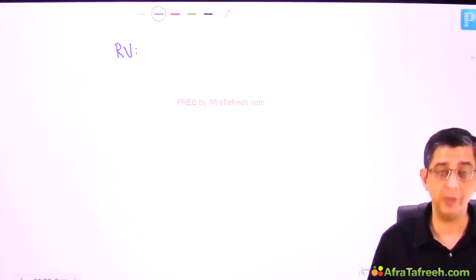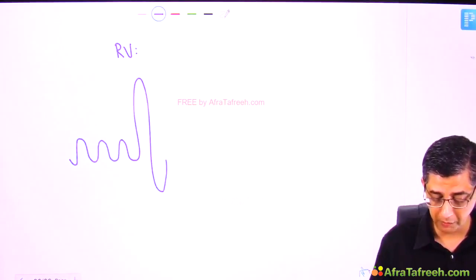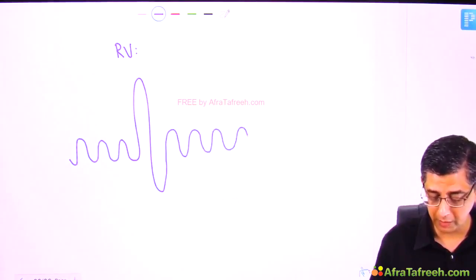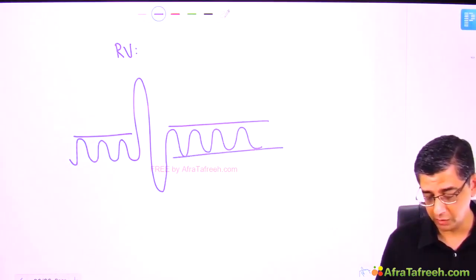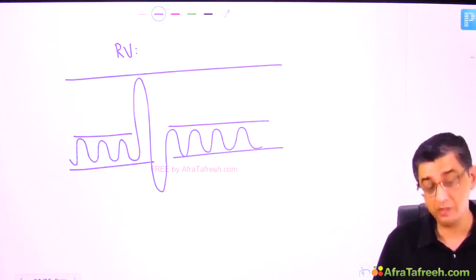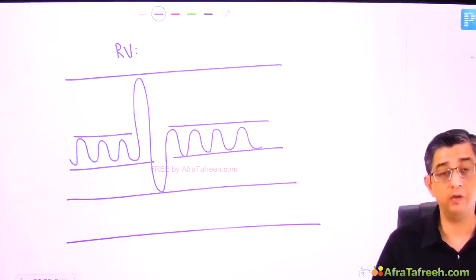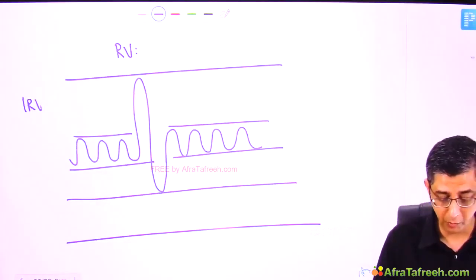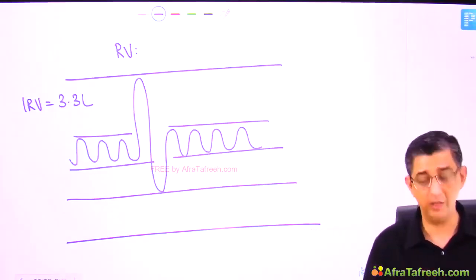At this juncture, since I spoke about residual volume also, I think it's very clear that whenever you follow the spirometric curve, residual volume cannot be measured by spirometry. It is always extrapolated. If I draw a routine curve, you can obviously pick up the routine values, and I don't think you need to draw them. You can just listen to me here. From the current sketch, you can definitely push more air into the lungs; the inspiratory reserve volume would go up to 3.3 liters in a healthy adult male.